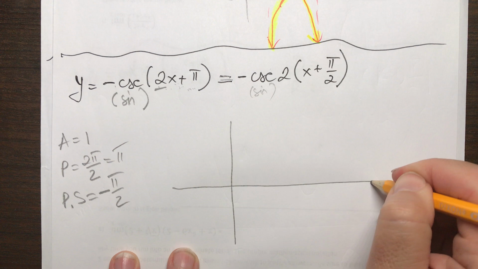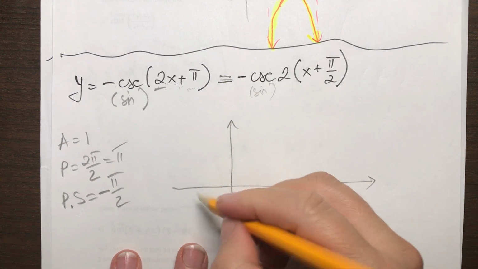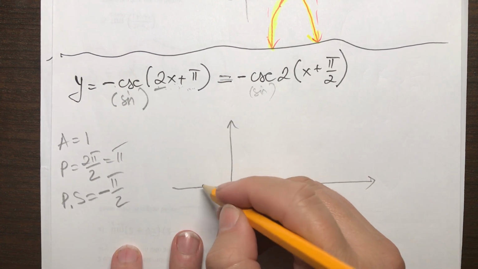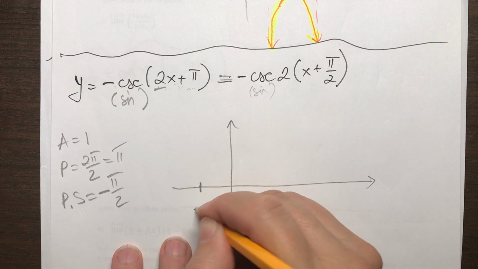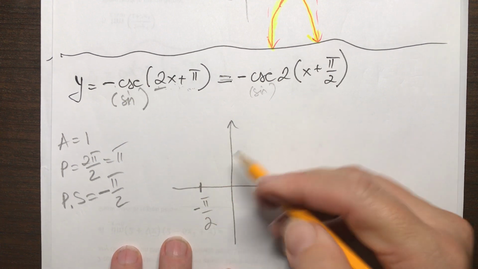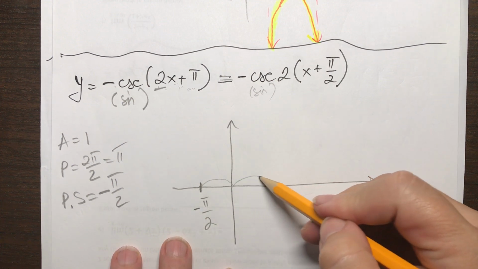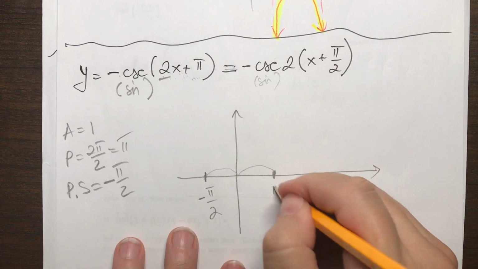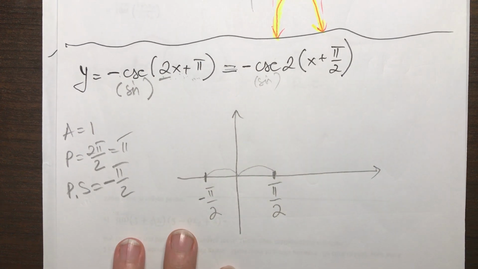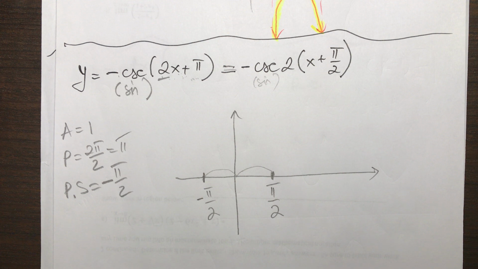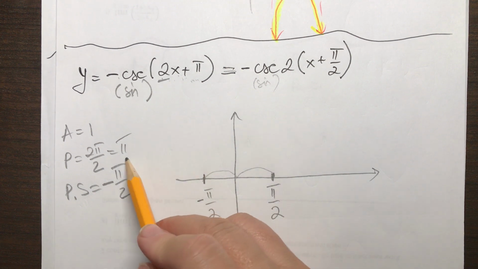I'm going to draw myself a sine that starts at negative pi over 2 and is pi units long. So I'm just going to go as far as pi over 2. That's pi units long, from negative pi over 2 plus pi.